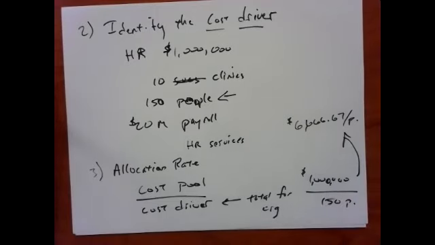So let's talk about cost drivers. If we were talking about housekeeping, our initial discussion was housekeeping. What would you use for a cost driver for housekeeping? What makes housekeeping more expensive?